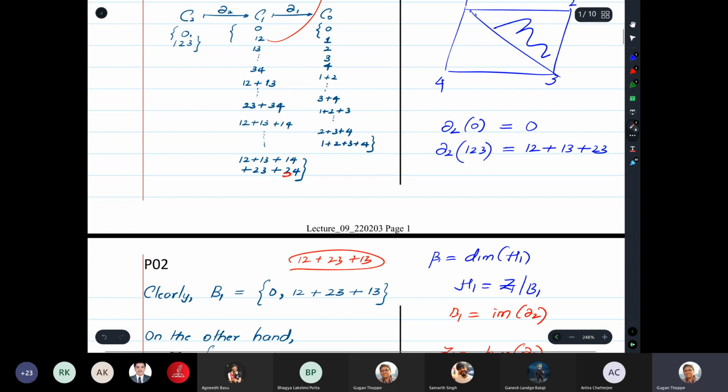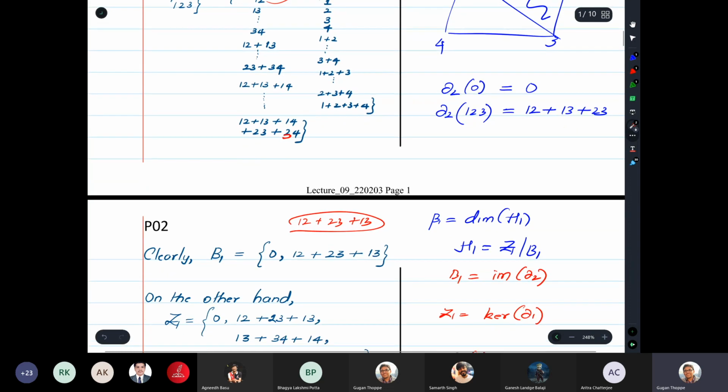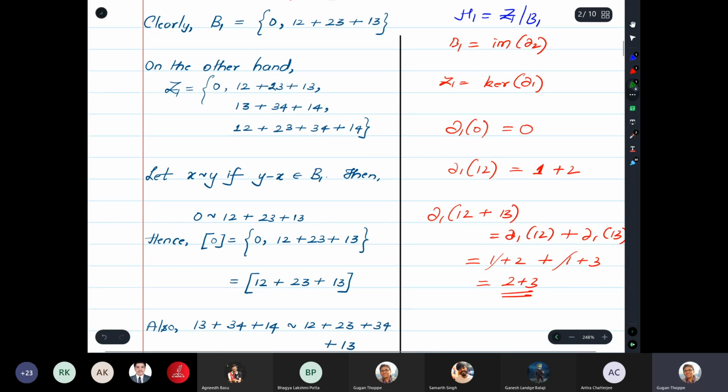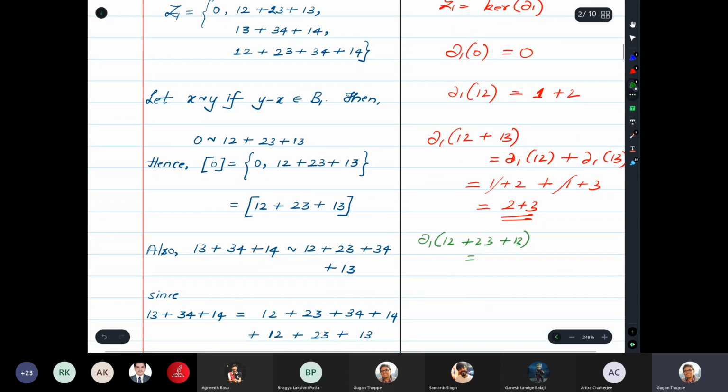Now we come to the one chains which have support 3, and one can see that indeed there are two one chains with support 3 which are taken to 0. First let's verify it algebraically. DABA1 of 1 2 plus 2 3 plus 1 3 will be 1 plus 2 plus 2 plus 3 plus 1 plus 3.